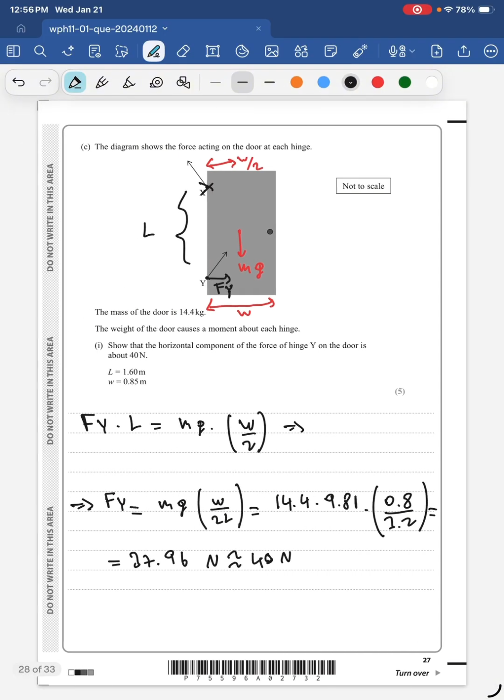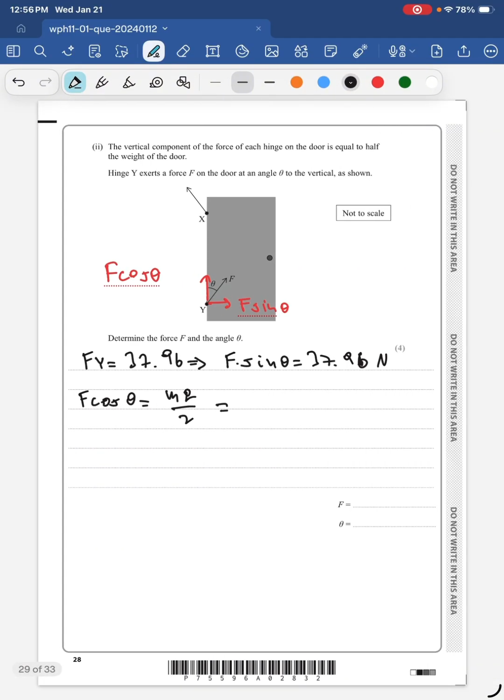And m times g is, what was it? Yeah, so 14.4 is the mass. Okay, 14.4 times g over 2.